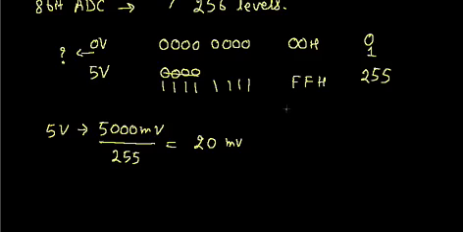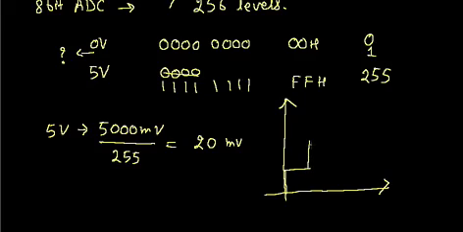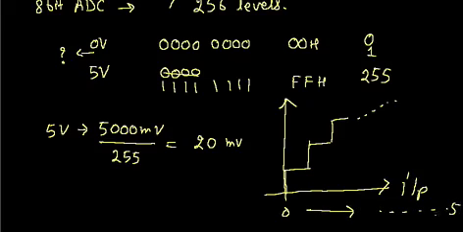Again, I draw the graph and increase the zooming. So, this is input. The input may be anything because it is continuous, and it can go from 0 up to 5 volt somewhere here. The output will be digital, in the form of zeros and ones.